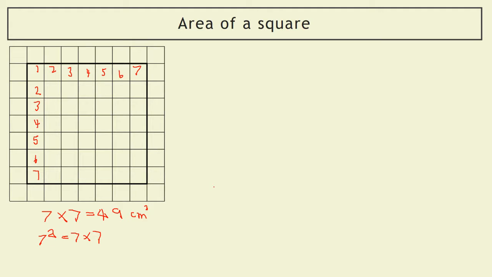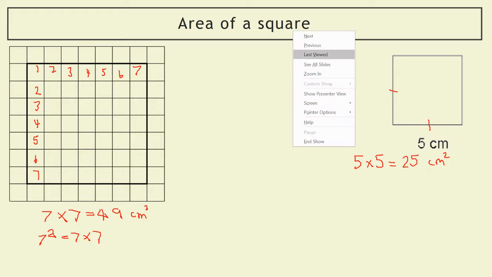We're squaring it. So if we look at this square here, okay, this is 5 centimeters. We're told it's a square. That is also 5 centimeters. How do we get the area of it? We do the length times by itself. Because we were told they were centimeters, when we've done that and got our 25, we have 25 square centimeters. That's its area. Okay, nice.